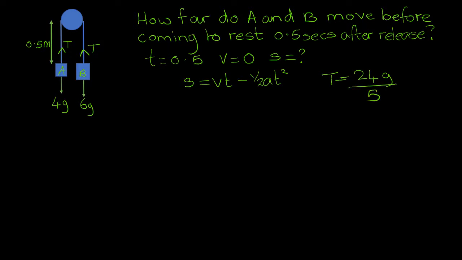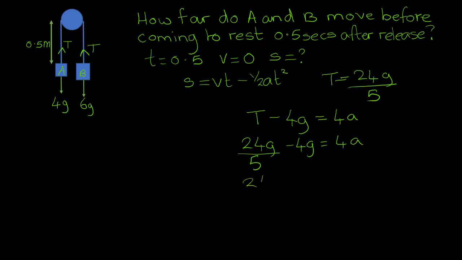And one of the equations we had was that T minus 4G equaled 4A. So we've got 24G over 5 minus 4G equals 4A. Putting that all over 5, we get 24G minus 20G over 5 equals 4A.